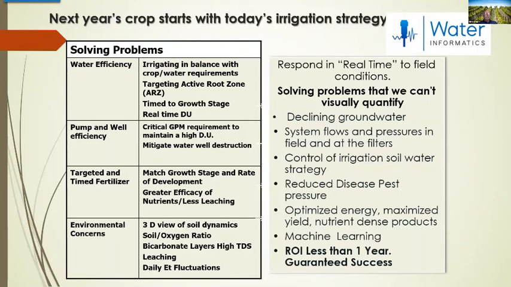But most important, as this system learns exactly what goes on in that crop and where our targets are, we can refine our irrigation strategy to the ability where the system can at least help us decide how we're going to irrigate.